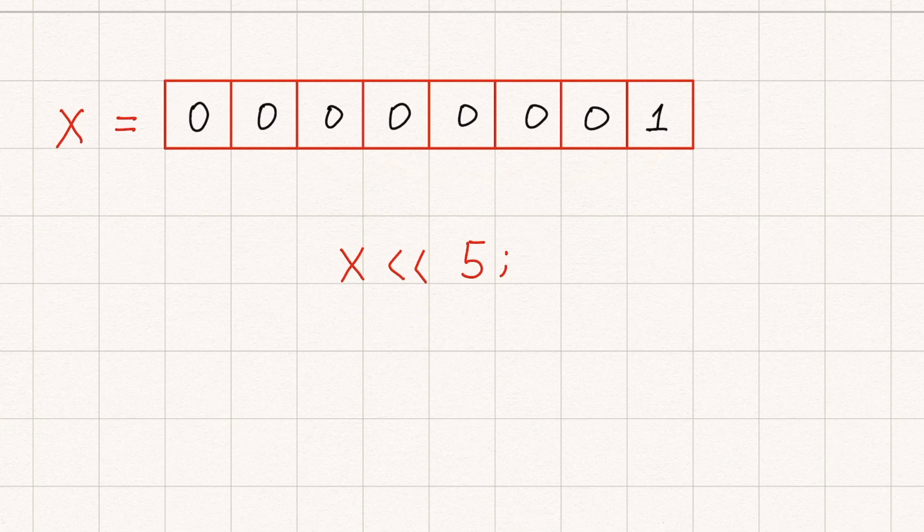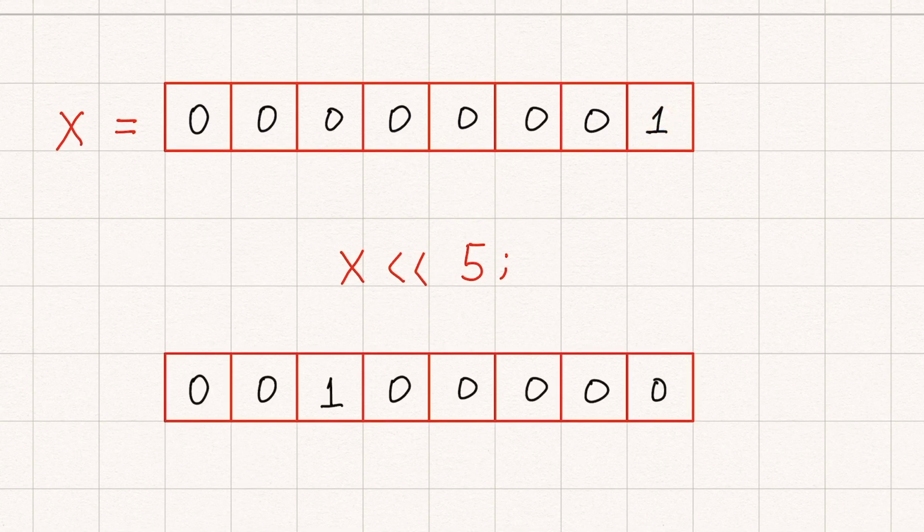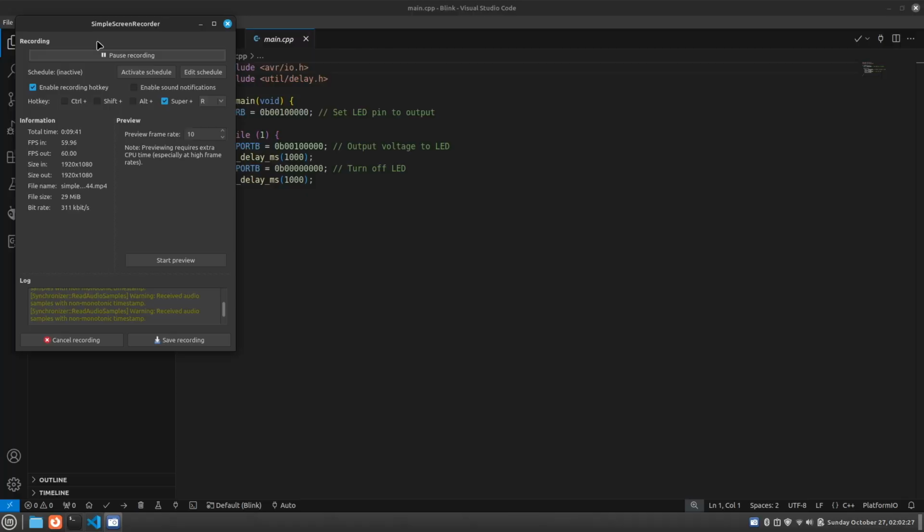And so the result of bit shifting this will be a 1 written in this place. But the question is, what happens to the original 1 that we had? What happens to this value after we shift it? Well, it just turns to a 0. And so the value of shifting x by 5 places is the following.